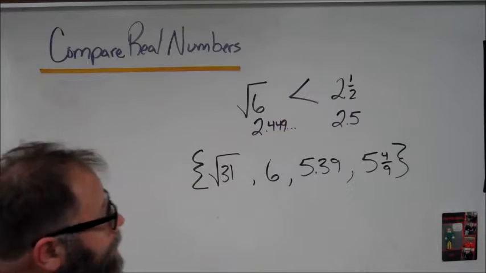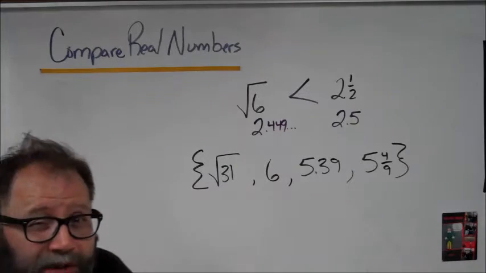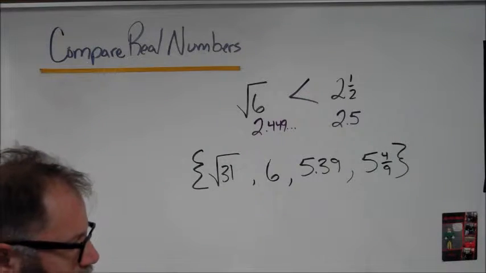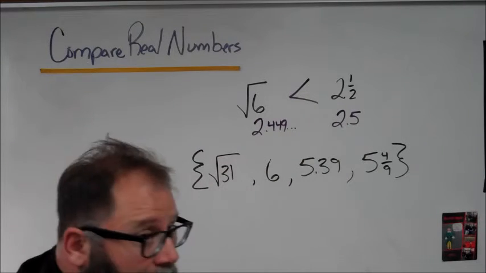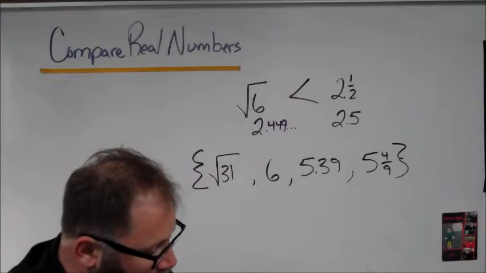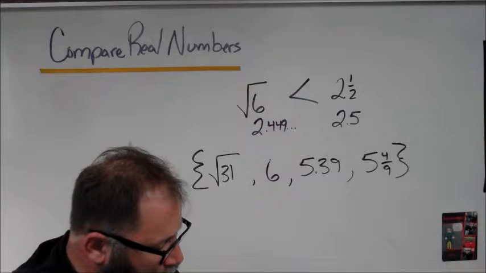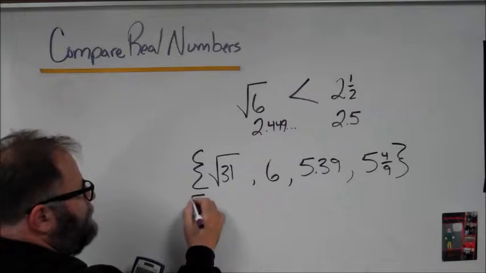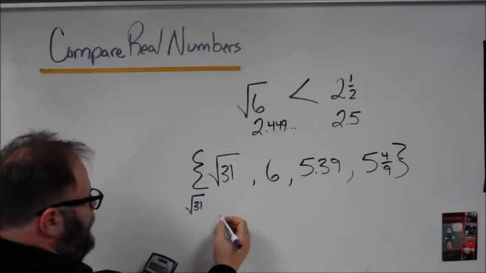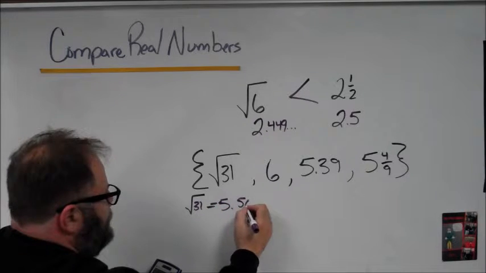Now, for a number set here, I've got 4 numbers. Let's look and see what these are. I did not previously do my square root of 31, so I'm going to do that right here with my handy dandy calculating machine. I'll do second function x squared 31, close parentheses, and the square root of 31 is 5.567.